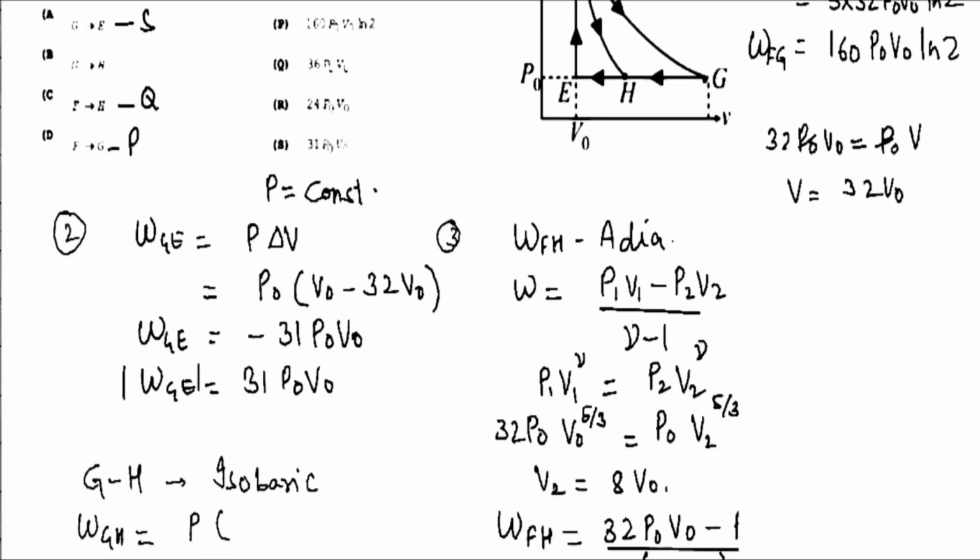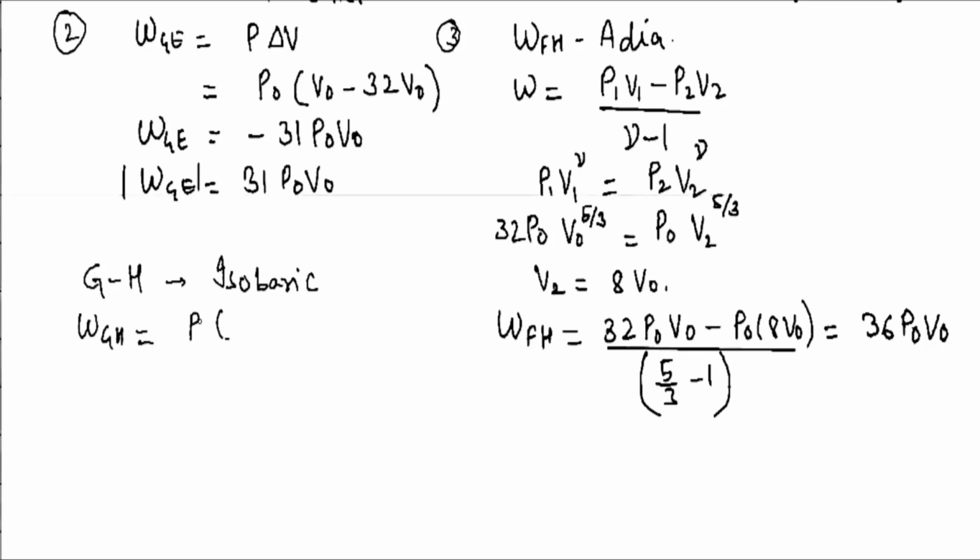So at G we have the volume 32 V naught, and at H we have 8 V naught, and the pressure here is simply P naught. So from here we get 32 minus 8, which is simply 24 times V naught. So we are going to get 24 P naught V naught.